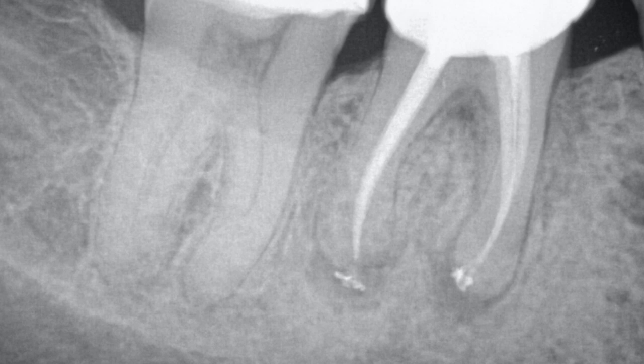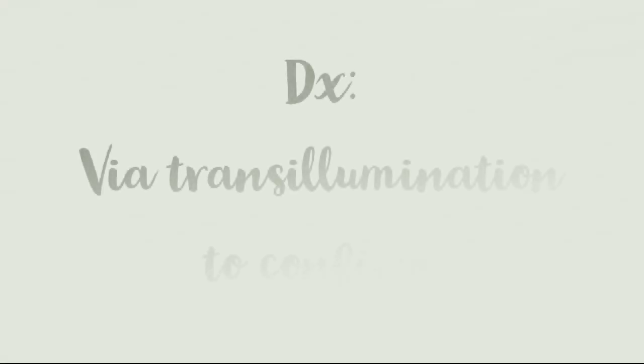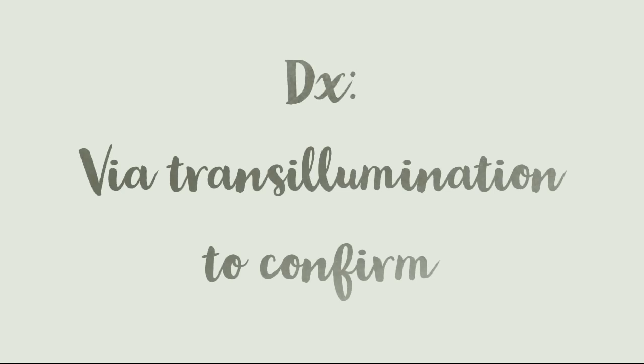The only way to confirm a fracture is via transillumination, or you can take CBCT. Otherwise, if you don't want to take CBCT, you can confirm it via transillumination. You need to use a transilluminator light in order to see if there is any fracture or not.